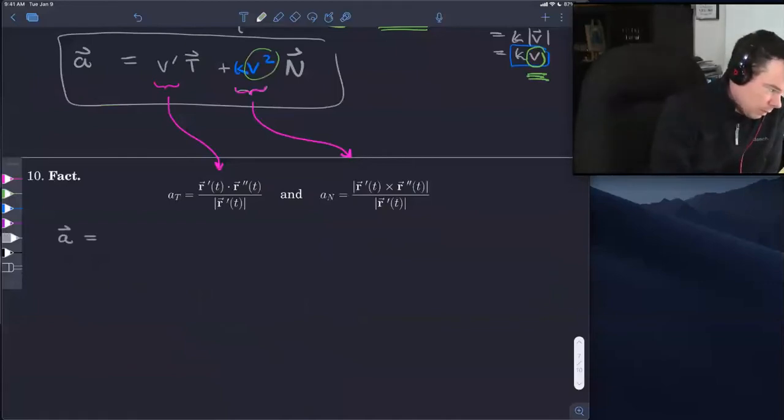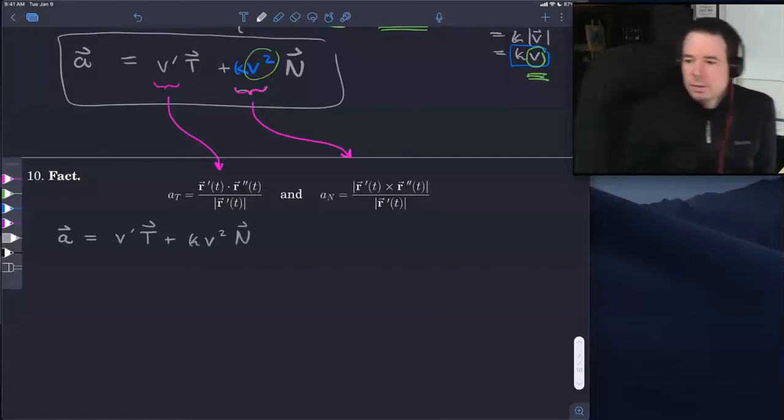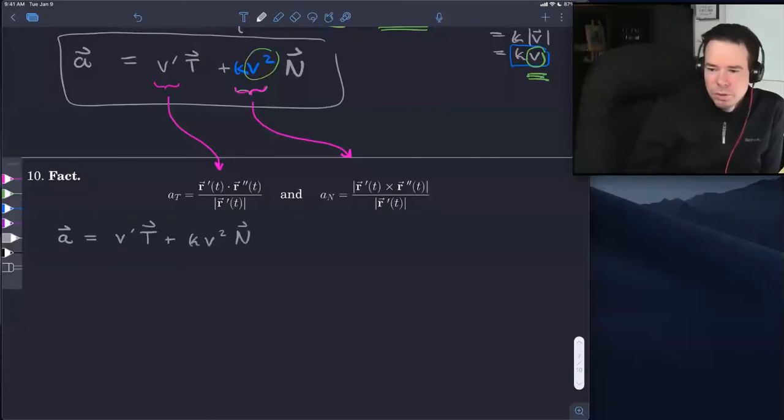Our acceleration vector is given by v prime T plus kappa v squared N. So we've got this, and now what we're trying to do is show that both of those scalars in front of those vectors can be obtained by taking these various dot products and cross products.